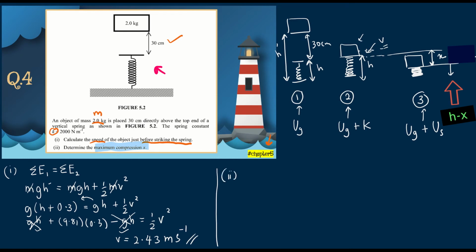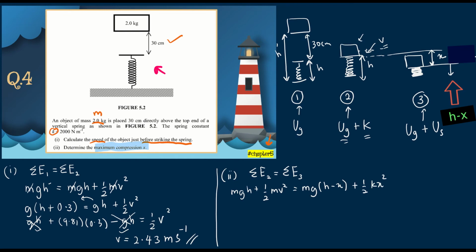So to solve number 2, determine the maximum compression, we'll do again summation of E for situation number 2 is equal to summation of E for situation number 3. Now we substitute the values. Number 2 we have U and K, so mgh plus half mv squared. And number 3, we have mg, where our height now is h minus x, plus half kx squared.